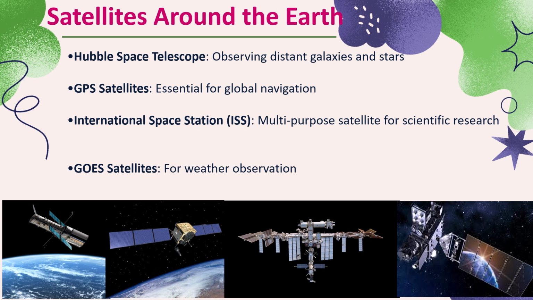It is one of the most significant scientific instruments ever created. There are many purposes for launching the Hubble Space Telescope. Basically, it provides high resolution images and data of celestial objects. It is located in low Earth orbit, providing a clear view of the universe.